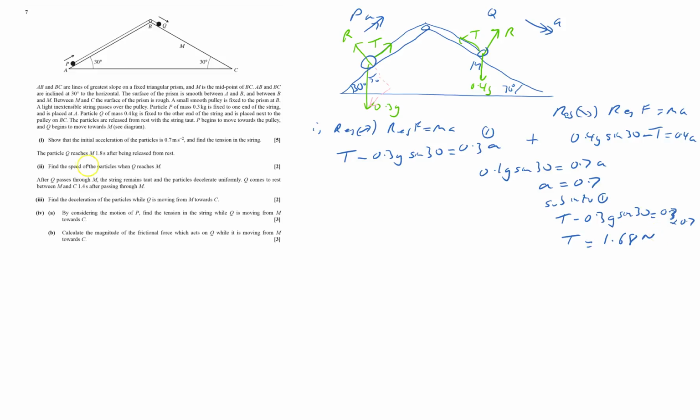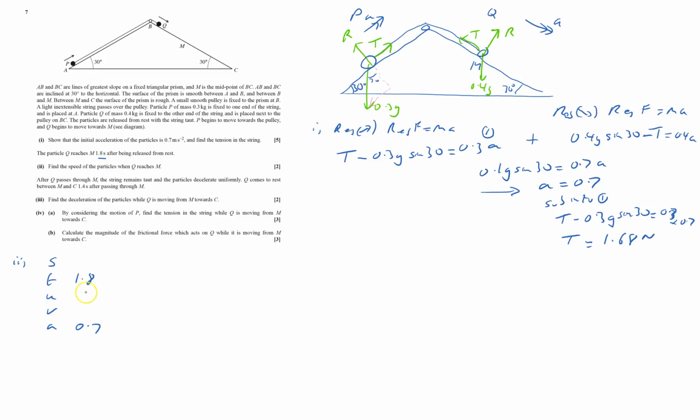That's the first part. Q reaches M 1.8 seconds after being released from rest. So I'll do it here. Got constant acceleration. I just worked out the acceleration is 0.7, and so I'm going to set up the SUVAT equations, which are the equations for constant acceleration, which is what we've got here. So we know the acceleration is 0.7. It tells me that the time is 1.8 seconds.